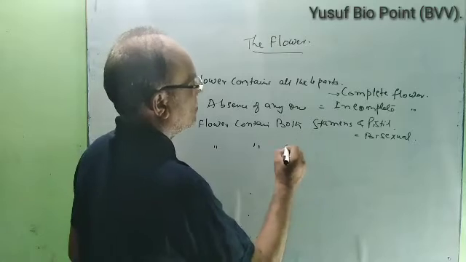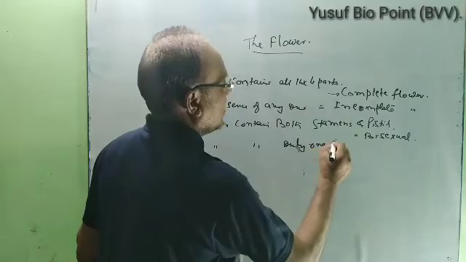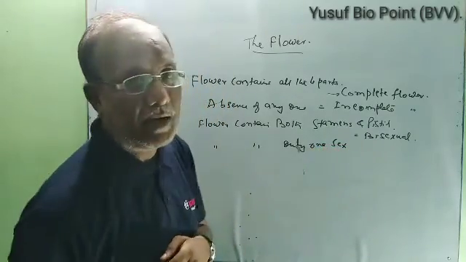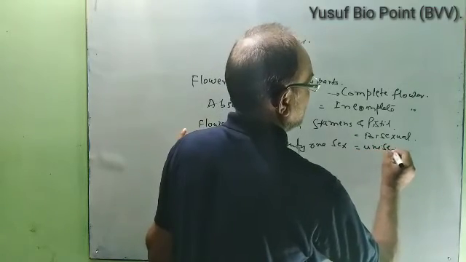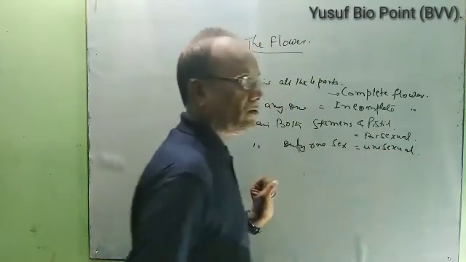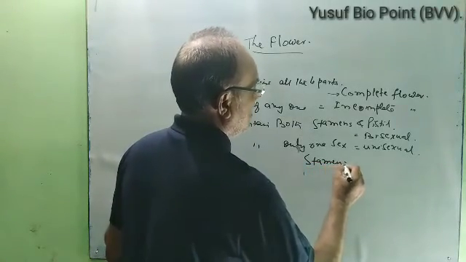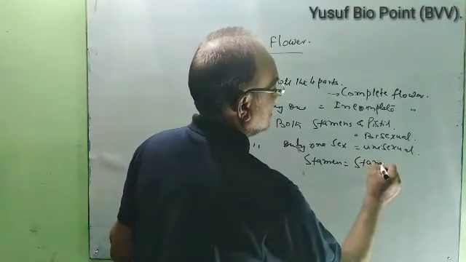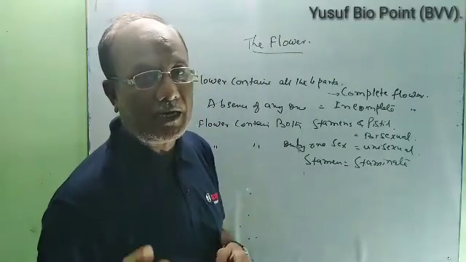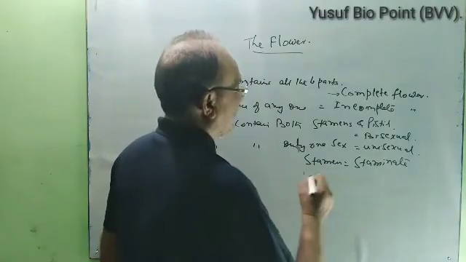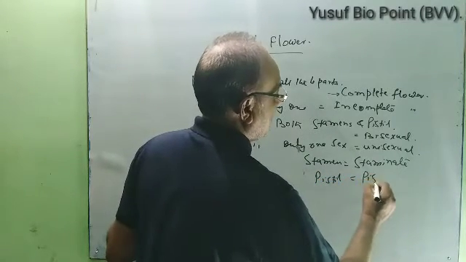If the flower contains only one sex, either male or female, that is called unisexual. If only stamen is present, that will be called staminate. If only pistil is present, that is called pistillate.